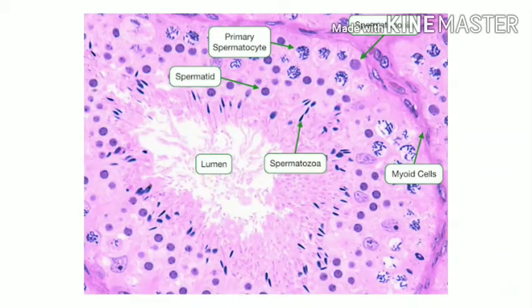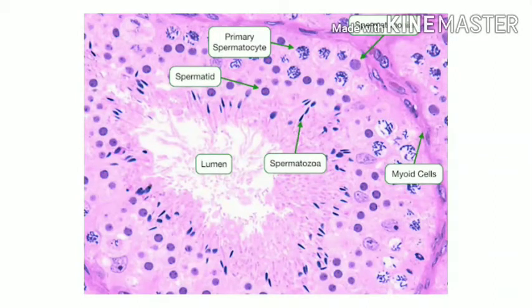Nearest to the basement membrane are the spermatogonial cells, or primordial germ cells. These are cuboidal cells. Next to the spermatogonial cells are the primary spermatocytes, that are larger cells. The nuclei show dark clumps of chromatin.